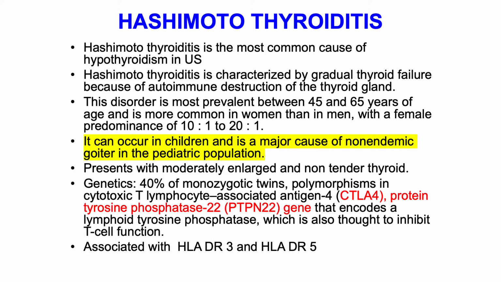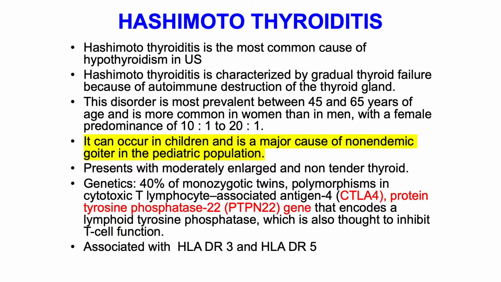Initially there may be transient thyrotoxicosis due to destruction and transient increased release of thyroid hormones, but subsequently as the destruction proceeds, there is decreased level of thyroid hormones. So it is a classical presentation of hypothyroidism.